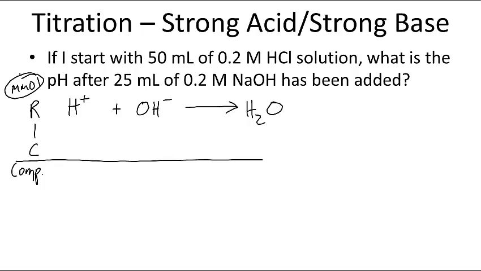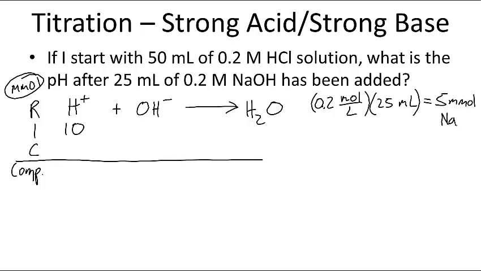All right, for the second one, how many millimoles of H plus am I starting with? 10. In fact, in all of them it's going to be 10 because I'm starting with the same original acid solution. But in this case, how many millimoles of OH minus do I have? 5. It was 0.2 moles per liter times 25 milliliters. You give me 5 millimoles of NaOH.